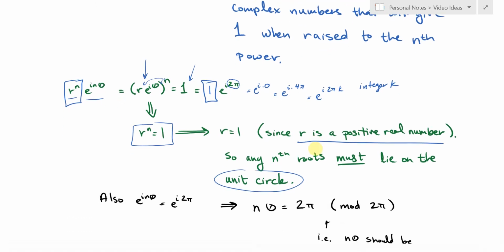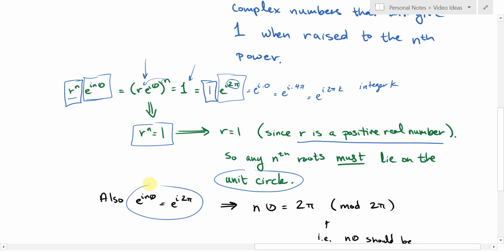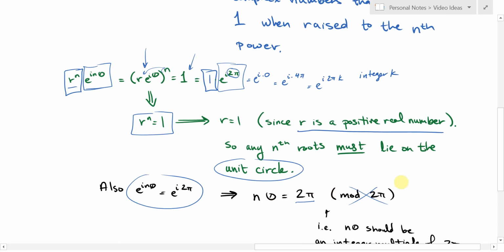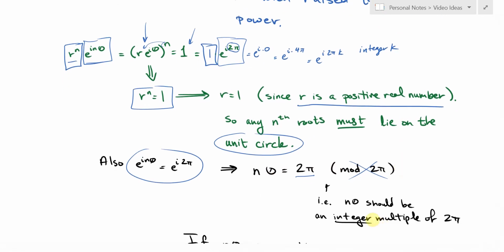Also, we know that the arguments have to match up. e to the i n theta had better equal e to the i 2 pi, just like this, which means that n theta has to either equal 2 pi, or it has to equal, so I put mod 2 pi here, you don't have to worry too much about what that means, but it has to equal some integer multiple of 2 pi. So n theta is either 2 pi, or it's 2 times 2 pi, or 3 times 2 pi, or something like that.